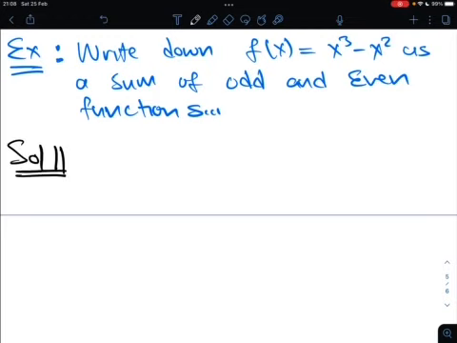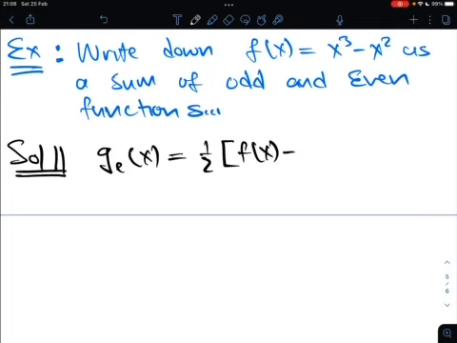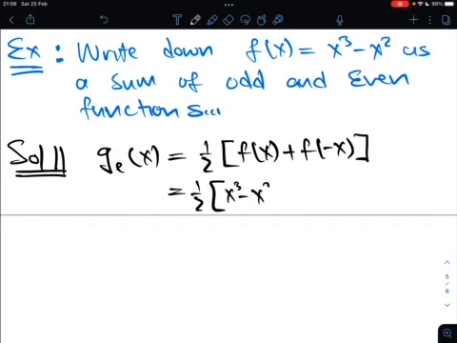The best way to go about that is first to recall that the even part, which is g of x, is always given by half of the given function f of x plus f of minus x. So it's going to be half of f of x, which is x cubed minus x squared, plus f of minus x. But f of minus x is where we put minus x wherever there is x.